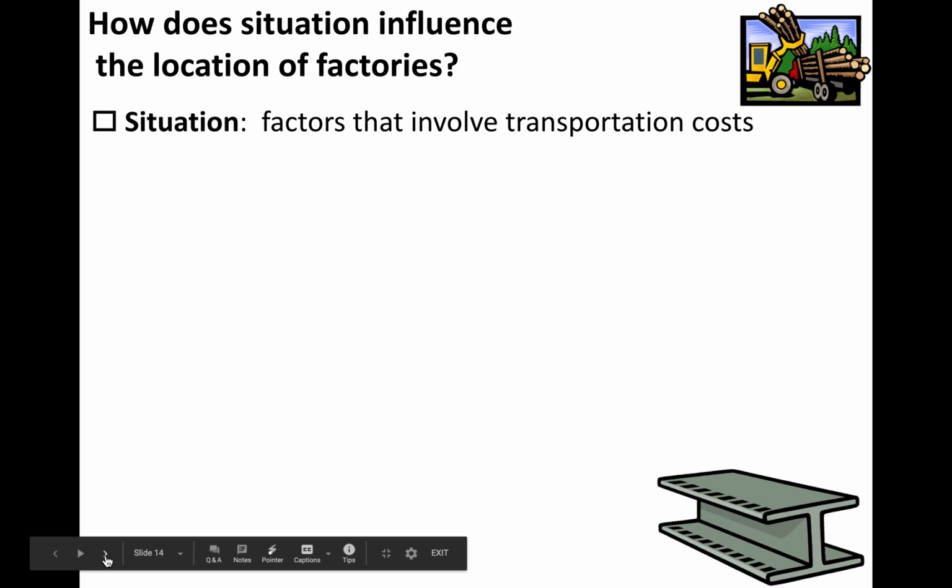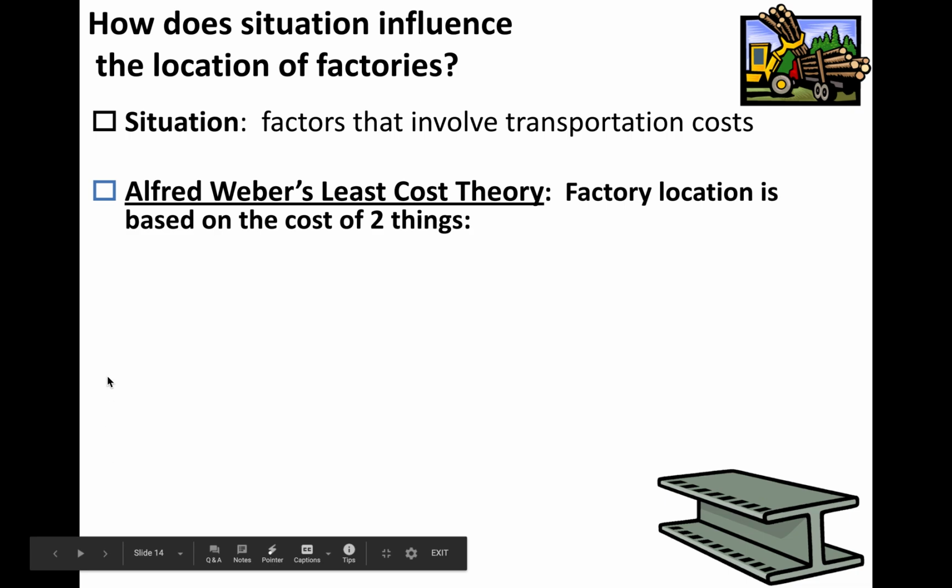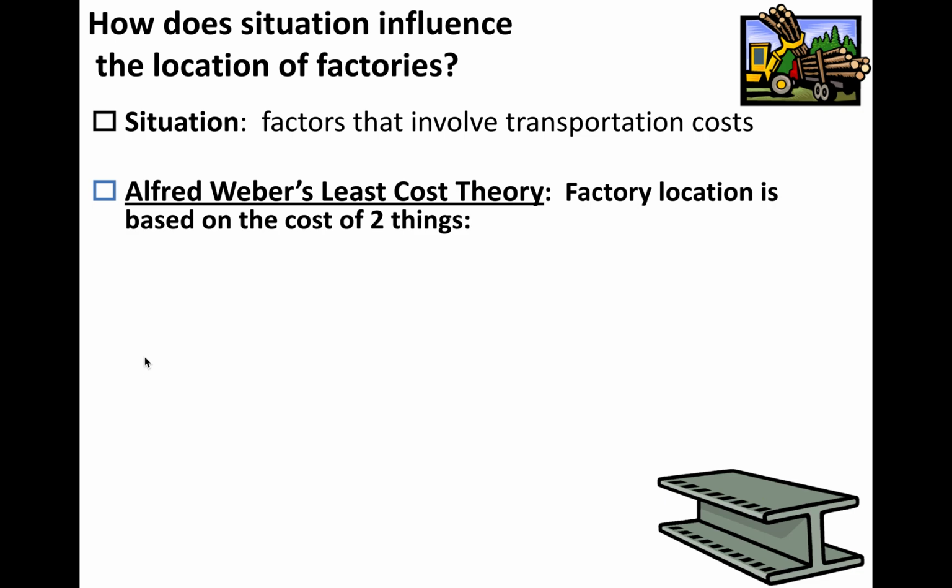How does situation influence? Situation factors involve transportation. Remember situation from Unit 1, when we're taking a look at places or objects in relative location to other places or objects. When we look at Alfred Weber's theory, he's looking at two things: two inputs in a manufacturing center, then a market.